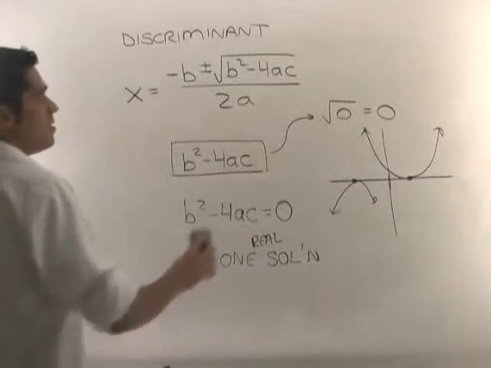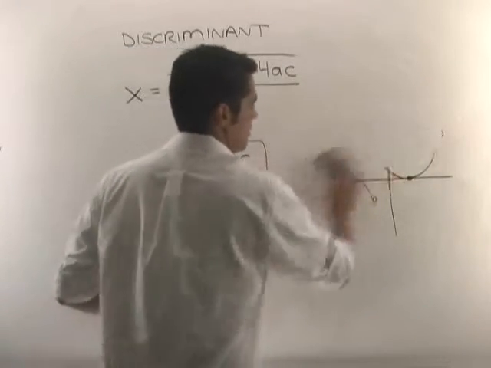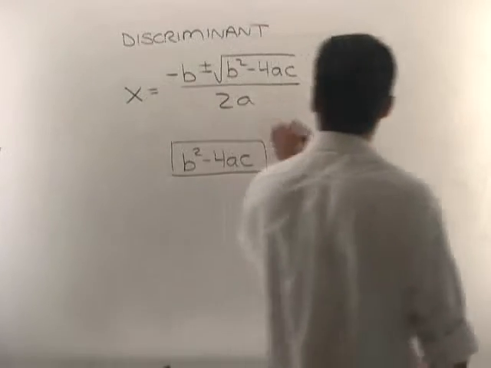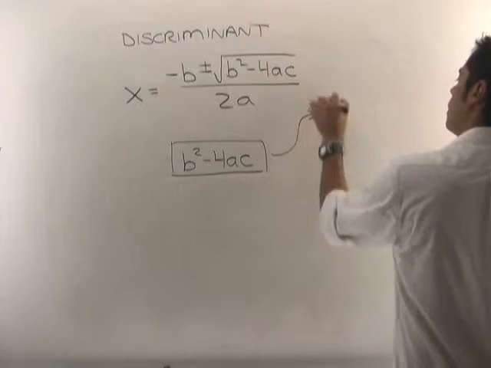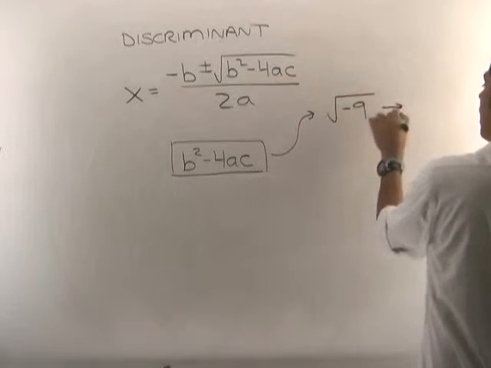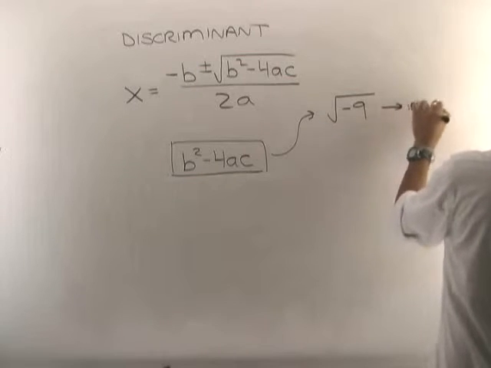Okay, last case is if the discriminant is a negative number. If this turns out to be a negative number, like let's say you're doing the square root of negative 9, you're actually going to get an imaginary number.